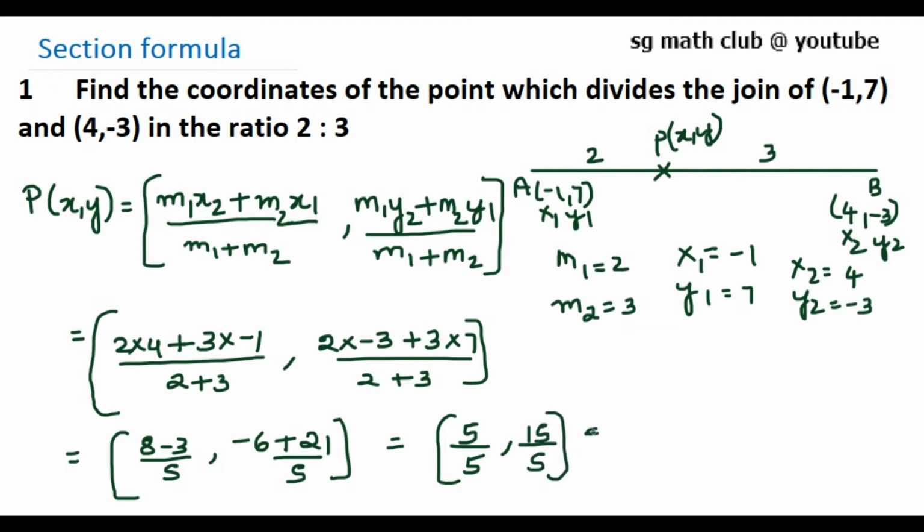So we have the coordinates 1 and 3. x is 1 and y is 3. So the coordinate (1, 3) divides the line segment AB in the ratio 2:3.